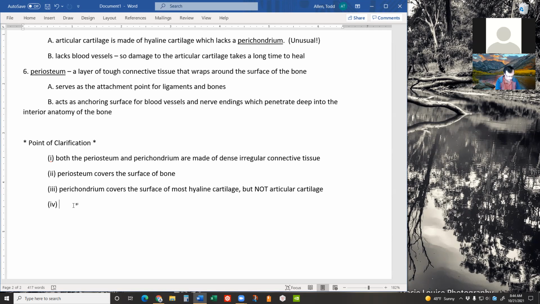Okay. So the periosteum differentiates from the perichondrium while the bones of our embryonic skeleton are being created.